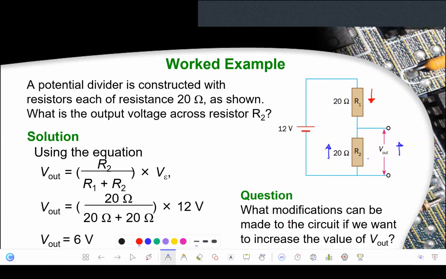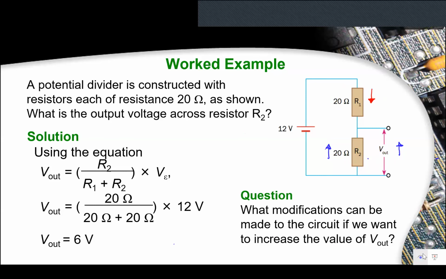I can choose either to increase the resistance of R2, so that I need more energy over here, I need more V out over here, or I can choose to decrease the resistance of R1. If I were to decrease the resistance of R1, then the voltage across R1 will drop, and because the voltage is shared to be 12 volts, the voltage V out over here will increase.